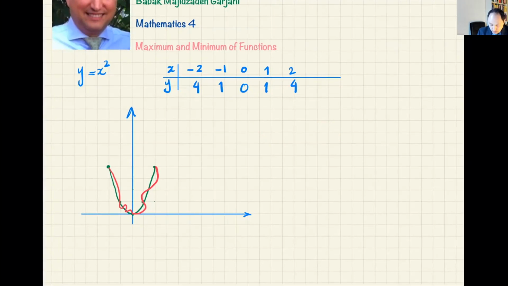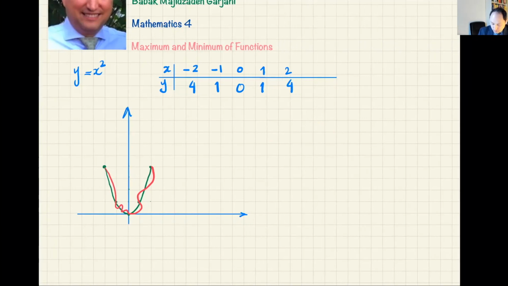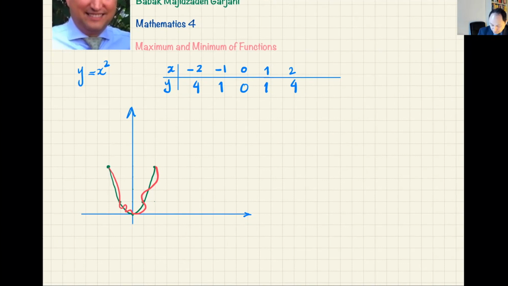The other point is the turning points. So for example, let me consider a graph like this here for you. Let me clean this, make it bigger. Assume that you have this graph of this function.